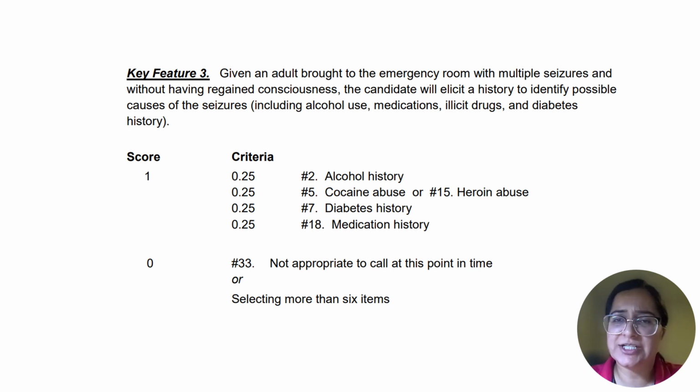This was one of the questions on the official website, where they talk about a patient with a history of multiple seizures. The patient has regained consciousness and they ask you to choose what things in the history you will ask the patient. They said select up to 4 or 6, but if you go above that, then they are given 0 marks.